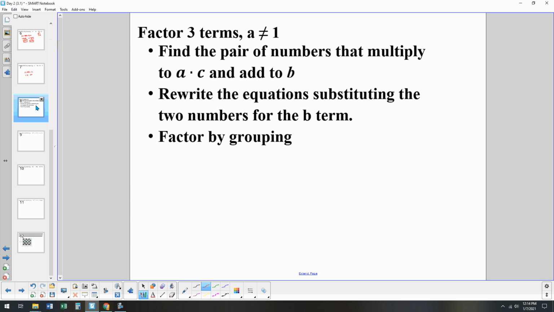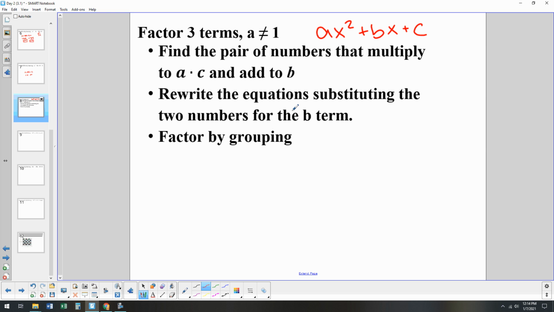Now we're going to get into some that we haven't necessarily done so far this year, factoring when a is not 1. So that's when we have something where there's an actual number in front of x squared plus bx plus c. So what I'm going to do is multiply a by c first, and then whatever that number is, I'm going to figure out what two numbers multiply to that and add to b.